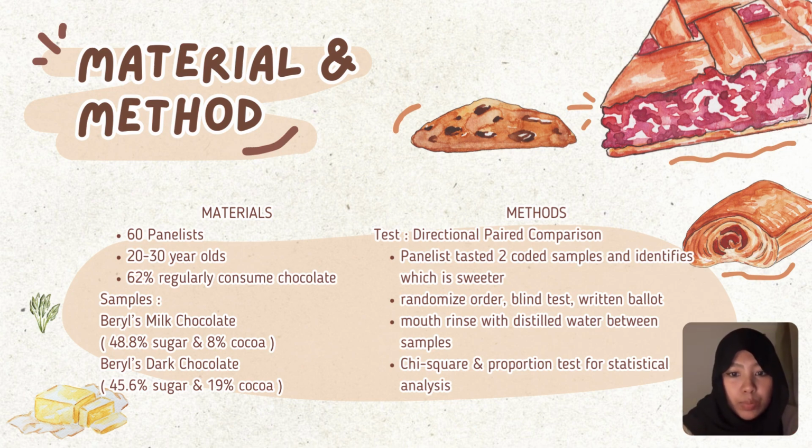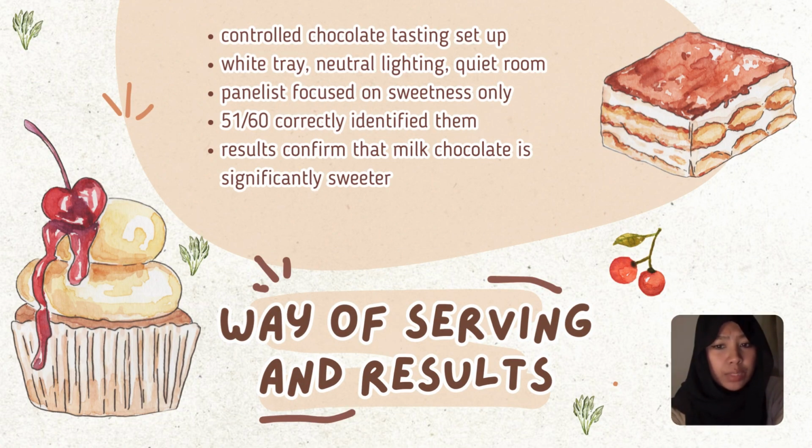After collecting responses through written ballots, data was analyzed using chi-square and proportion tests to determine if the difference in sweetness was statistically significant. To ensure a controlled tasting experience, the chocolate was served on white trays in a neutrally lit and quiet environment, in order to help panelists focus solely on sweetness perception without any distraction.